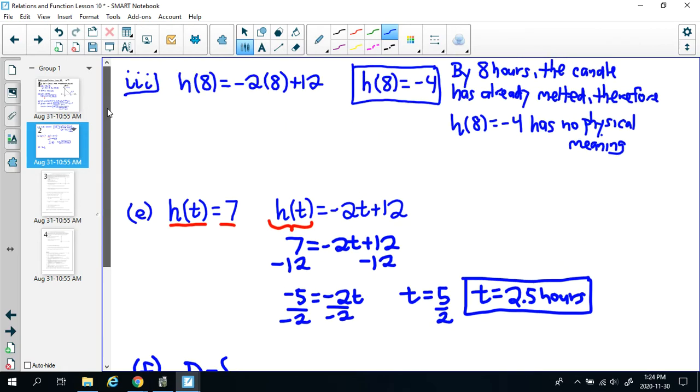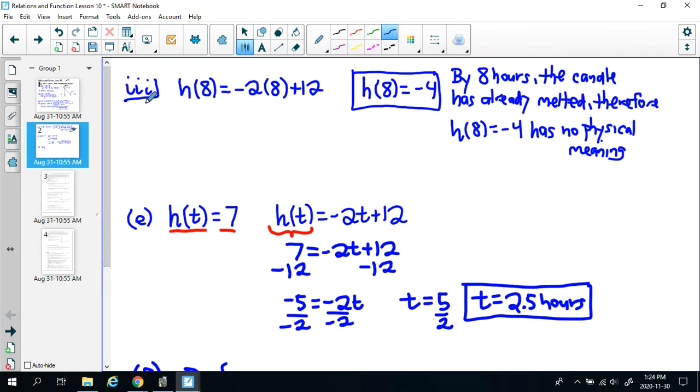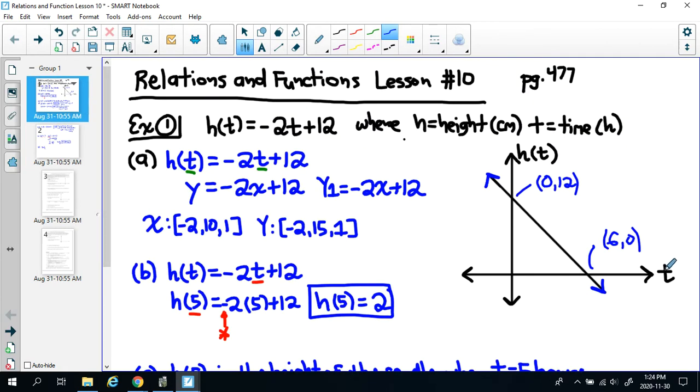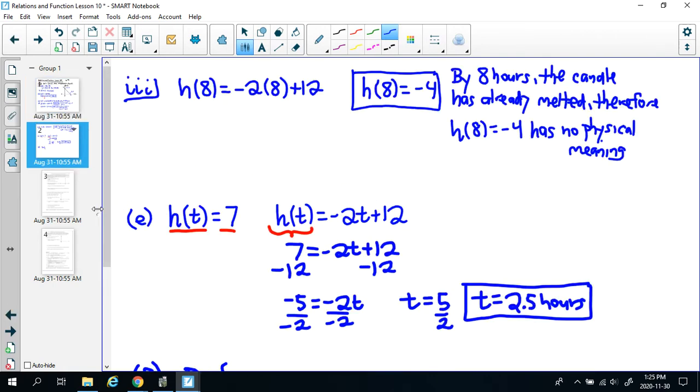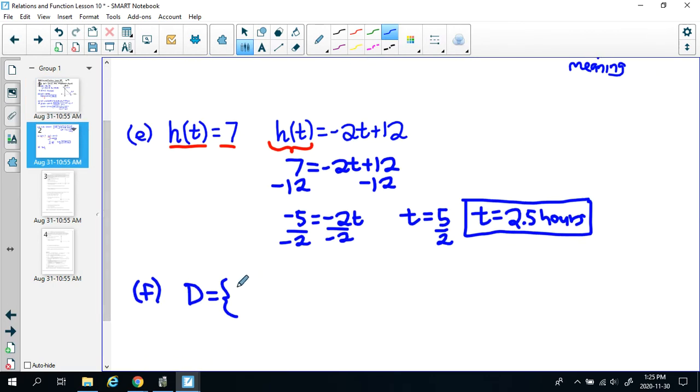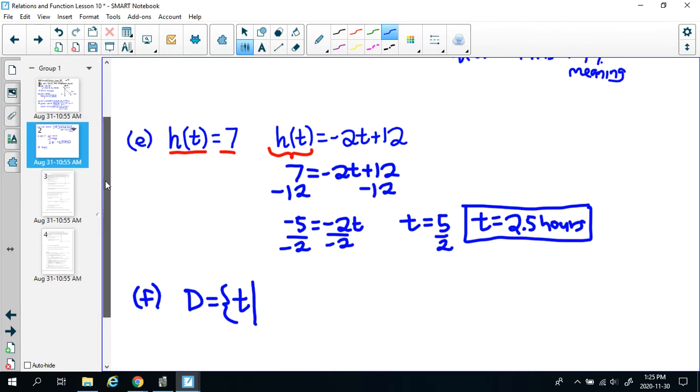If you look at the graph here, the x-axis is the range of x values, which is going to be the domain. So we're going to use t as the variable. We're going to put down t, and we're going to put this vertical sign here. Then we're going to do it exactly like we did before.